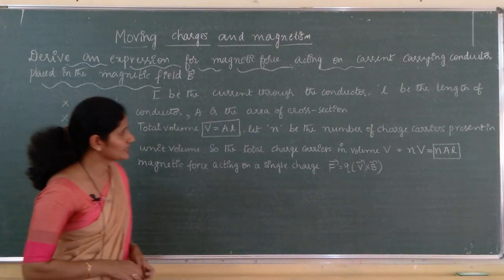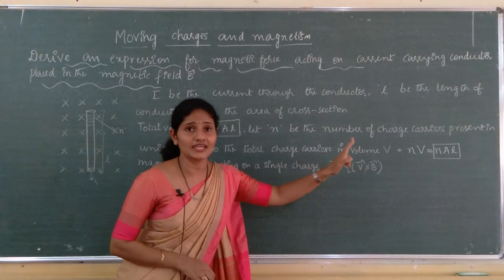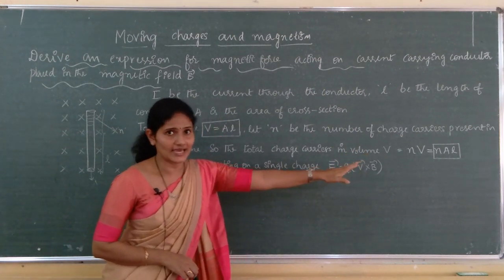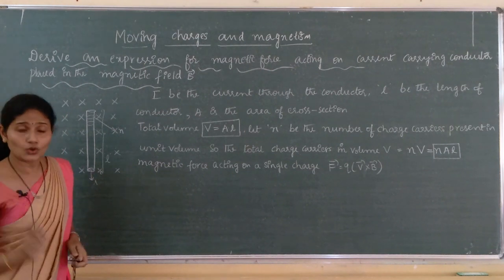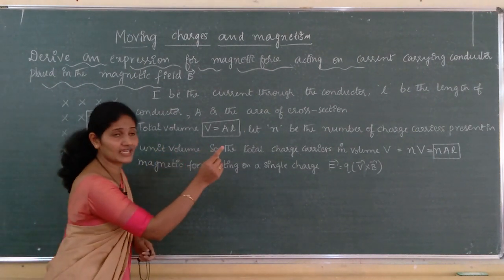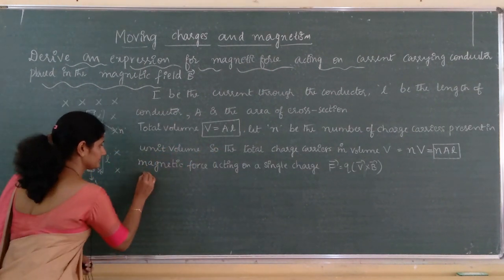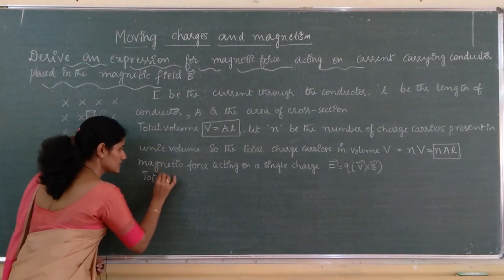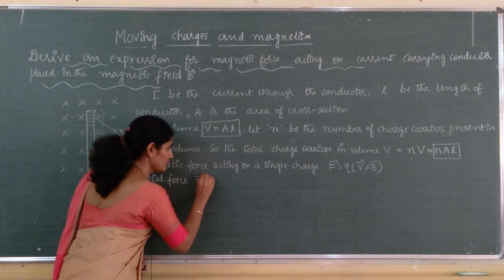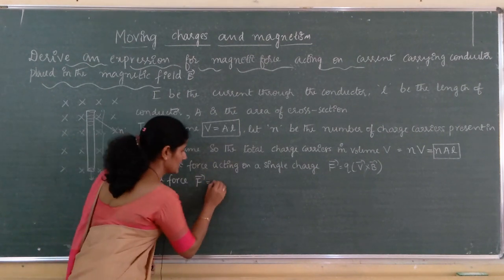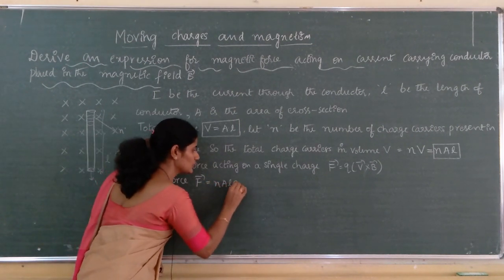But we know that there are nAL charge carriers in this conductor. So, the total magnetic force acting on nAL charge carriers is F is equal to nAL into q.